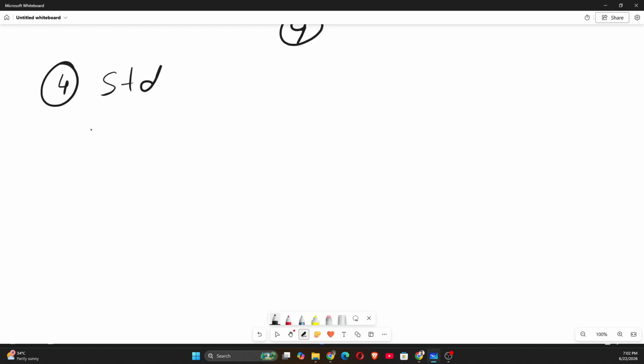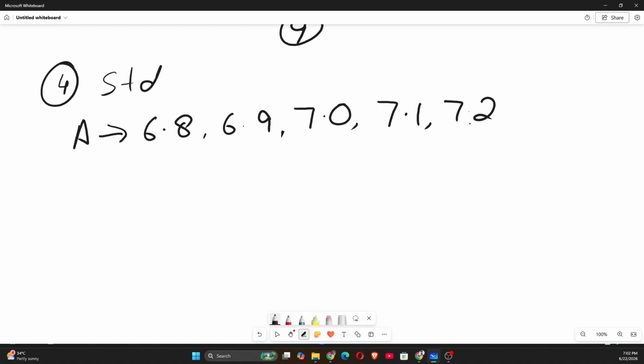So I would be taking the example of two data sets: 6.8, 6.9, 7.0, 7.1, 7.2. The second data set is 1, 4, 7, 10, 13.